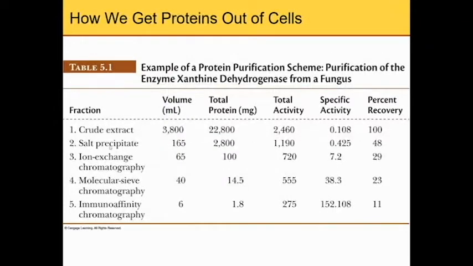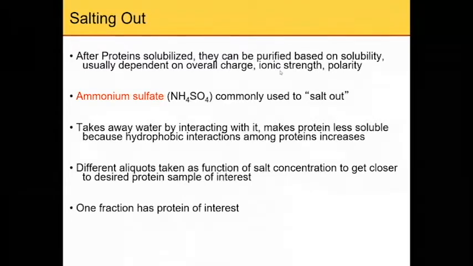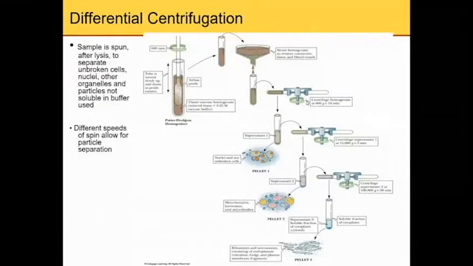And then the salt precipitate, right, to sort out. Because after the protein is solubilized, you can purify based on the solubility, all right? And depending on the overall charge, ionic strength, and polarity. And then ammonium sulfate, okay, is usually used to sort out the protein, okay?